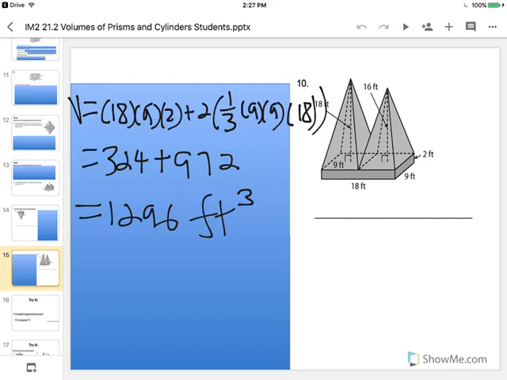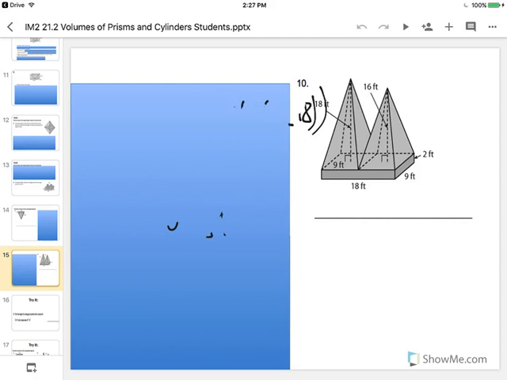Please check your answer for number 10. Oops, I think I made a mistake. The two pyramids are not the same. I was assuming that they are. Let me clean this off again. Let's redo 10.